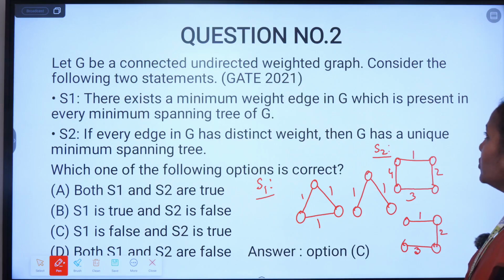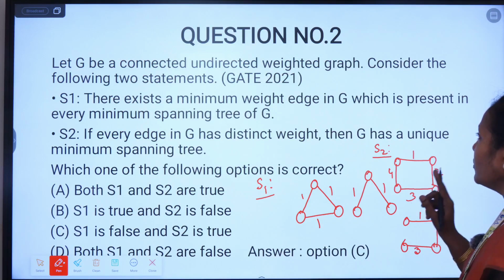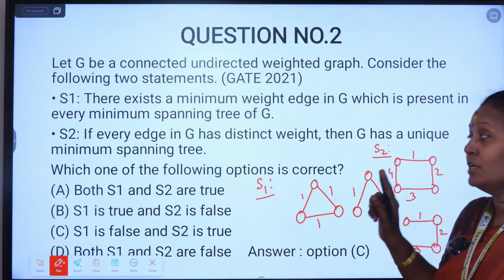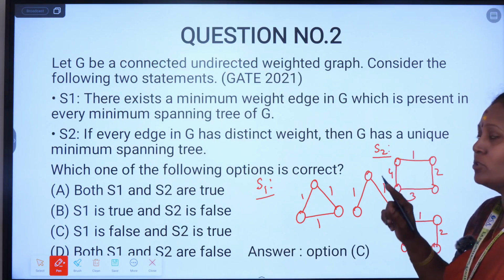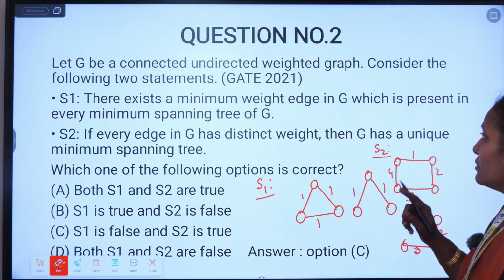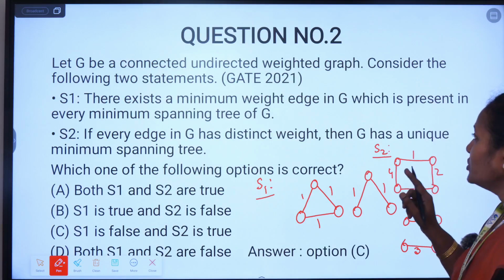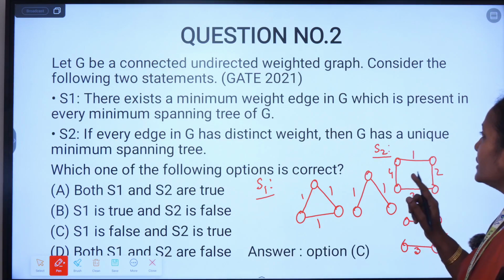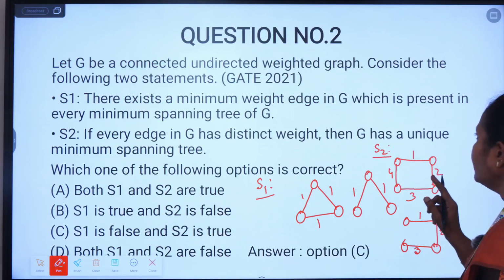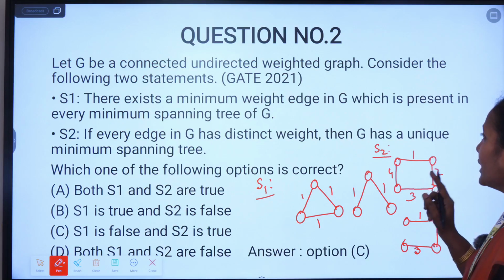Next, question number 2. This is also a GATE 2021 question, from set 2, the previous question being from set 1 of the question paper. Here the question is: let G be a connected, undirected, weighted graph. Consider the following two statements.